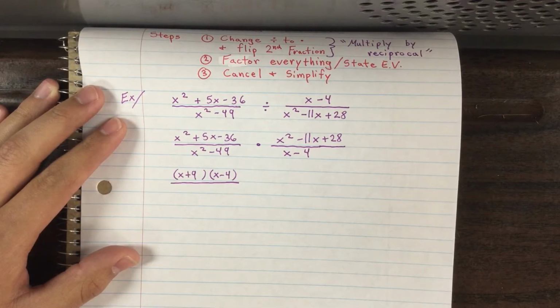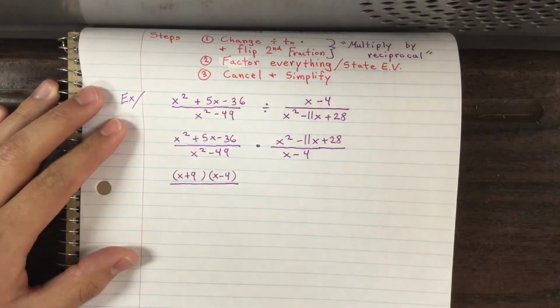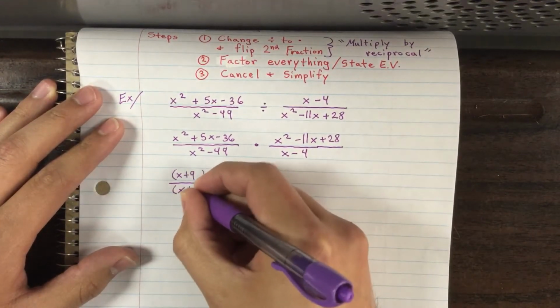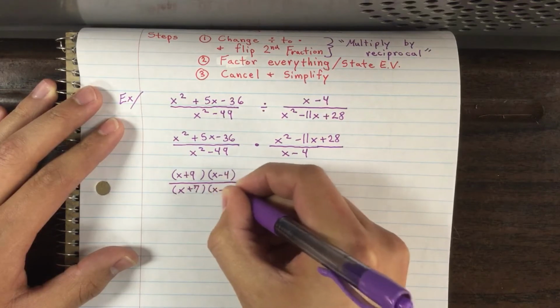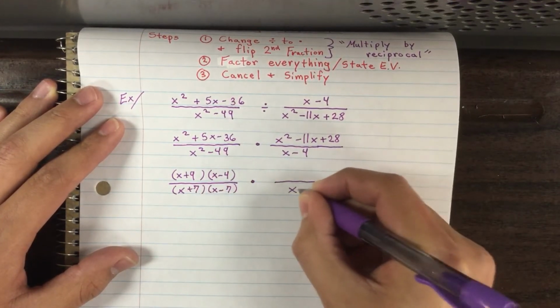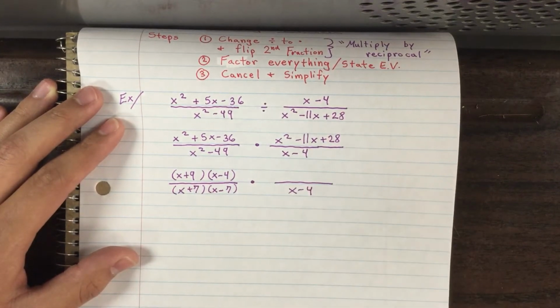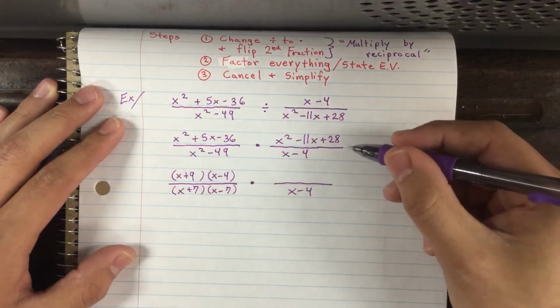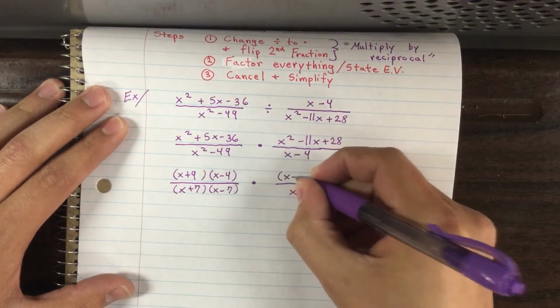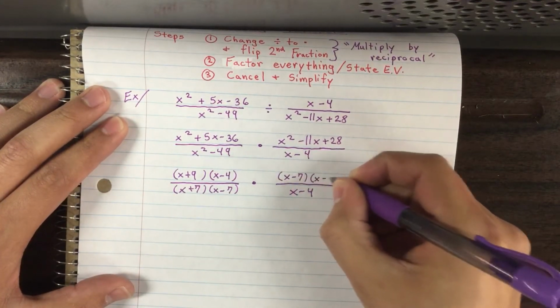Square root both things. What do you get? x. What's the square root of 49? 7. Sorry, I thought my video stopped recording. So x plus 7 and x minus 7, multiplied by, just rewrite the bottom one since it's a binomial. Don't have to do anything. Factors of 28 to give you negative 11? Good job. Negative 7 and negative 4.